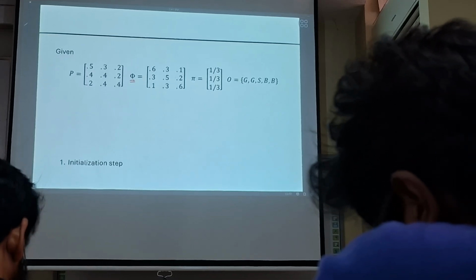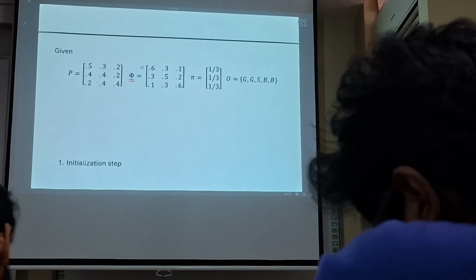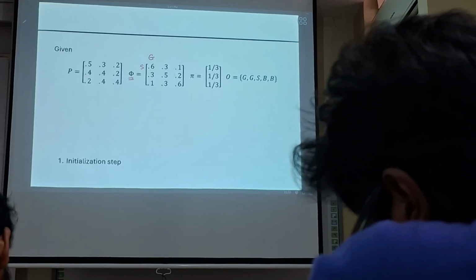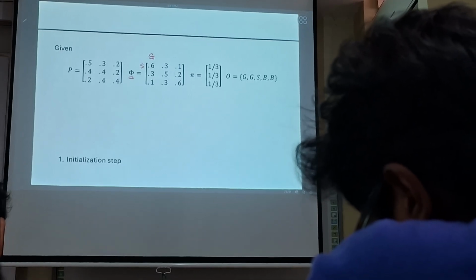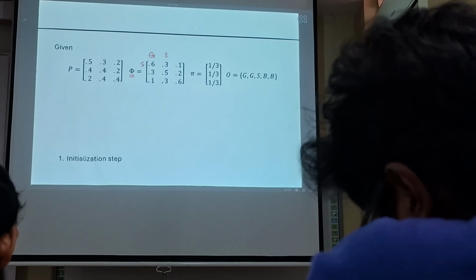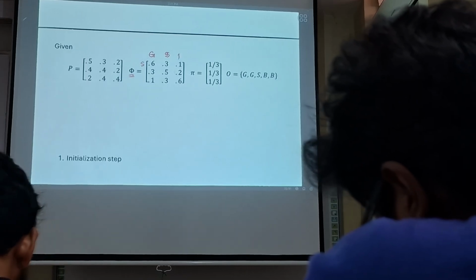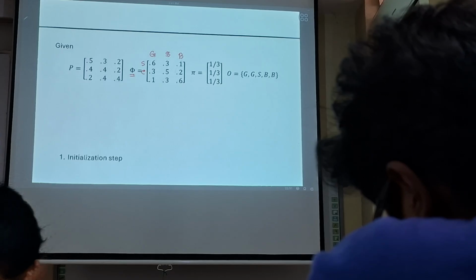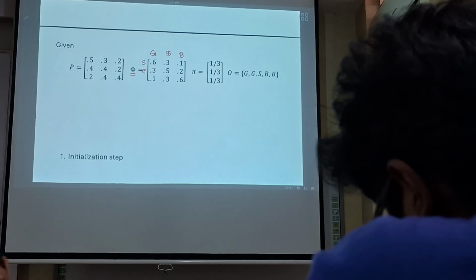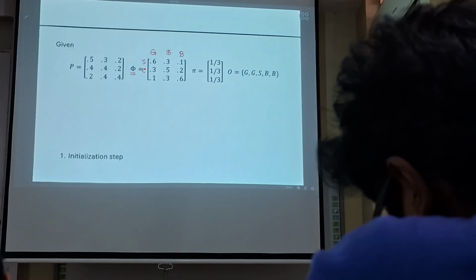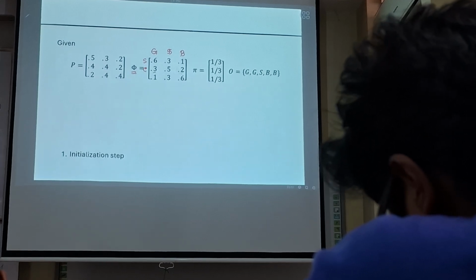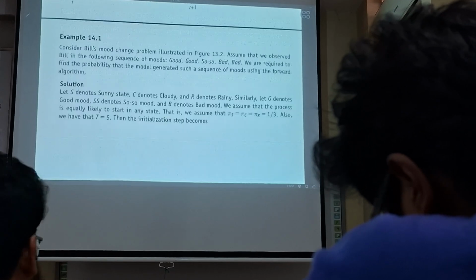It says that if the chain is in a sunny state, then the probability that this node will be emitted is 0.6, this node will be 0.3, and this node will be there with probability a quarter. When the Markov chain is in the state C, the cloudy state, the probability of these nodes will be 0.3, 0.5, 0.2.